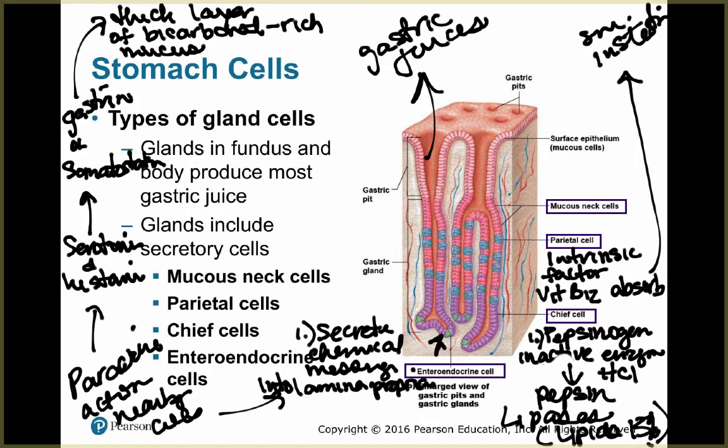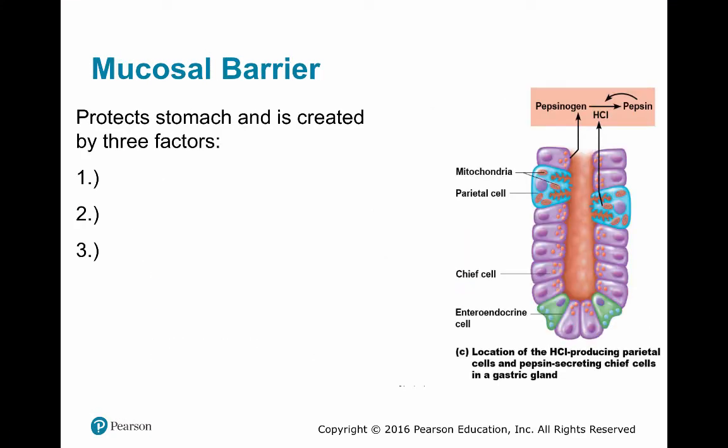So these are going to work together to basically protect or to digest. So the mucosal layer that we have that gets produced protects the stomach and is created by 3 factors basically.